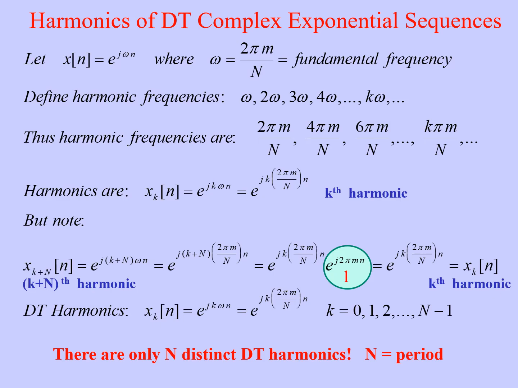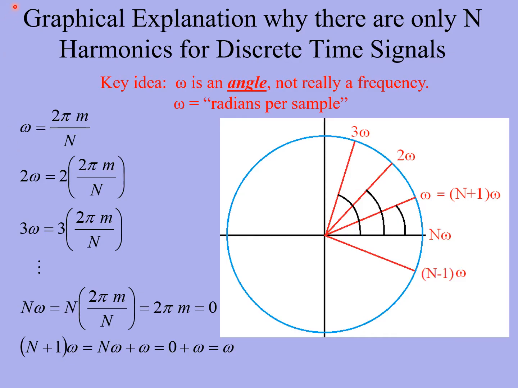So why is this? Remember that for discrete time sequences, omega, what we call the discrete time frequency, is really an angle. It carries the units of radians, or more technically radians per sample. But remember, when you go around a circle, you can only get as much as 2 pi radians and you're back to where you started from.